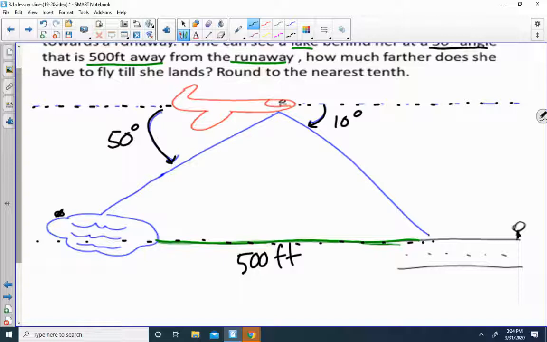And the fact that she's parallel to the Earth, meaning we currently have two parallel lines, is something we can use from geometry. Some of you may remember at the very beginning of geometry, Ms. Bader teaching you how corresponding angles are congruent, how alternate interior angles are congruent, and how you have two supplementary angles.